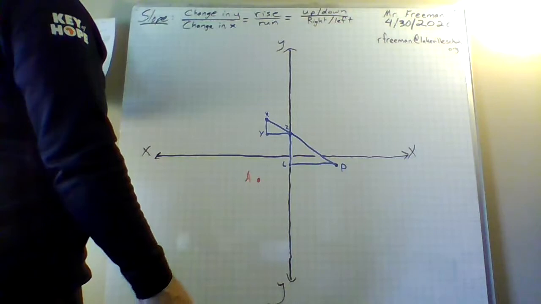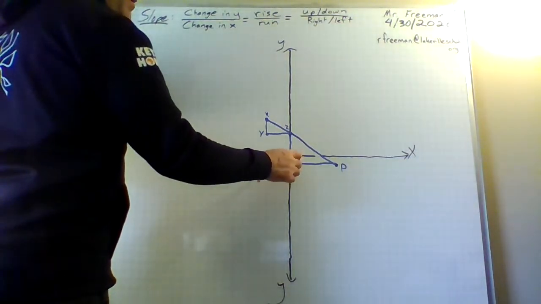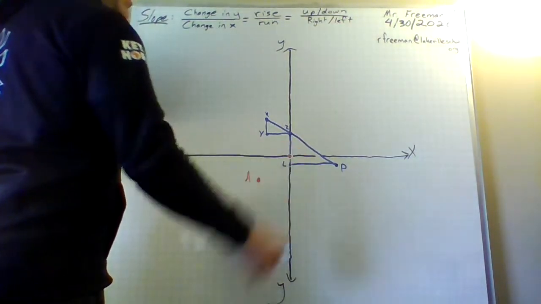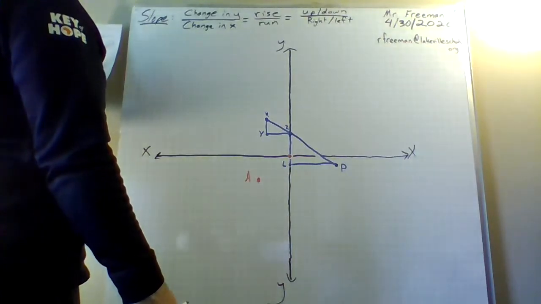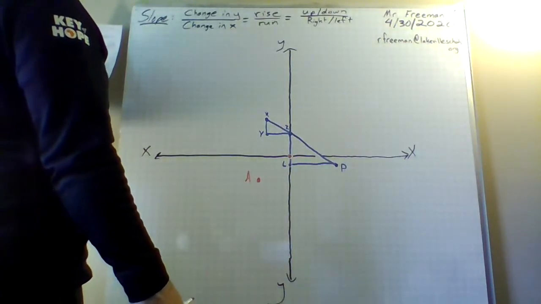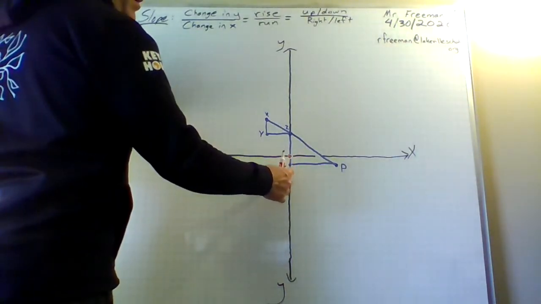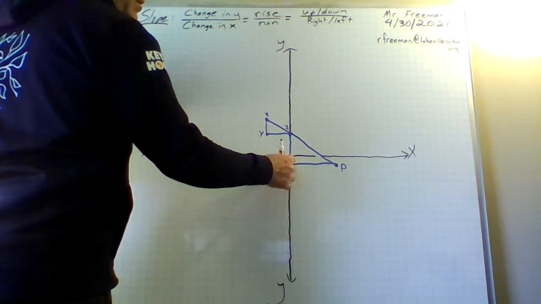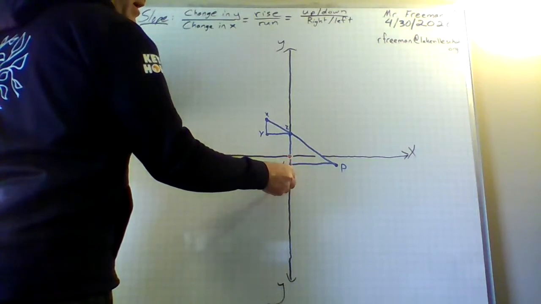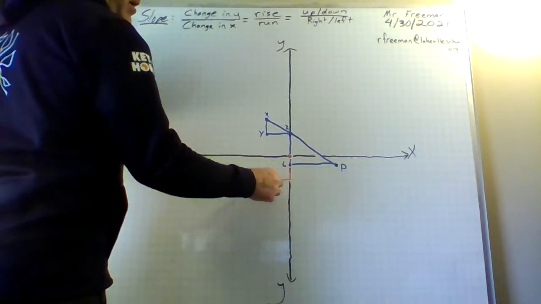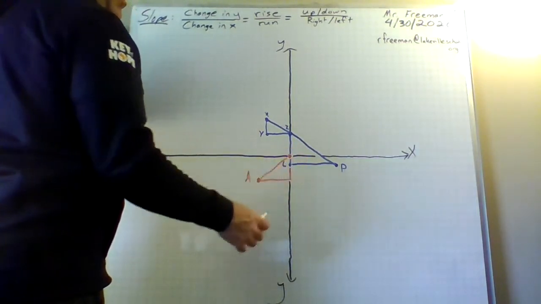Then it says B is at the origin, 0, 0. And E is at 0, -3. 1, 2, 3. So we're talking about a triangle that goes here, here, and here.